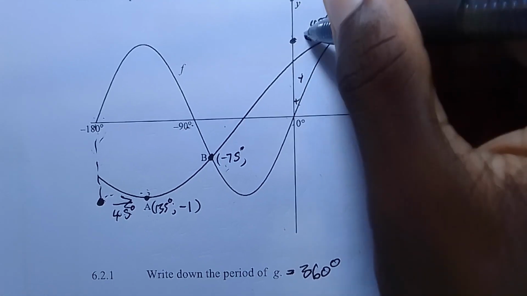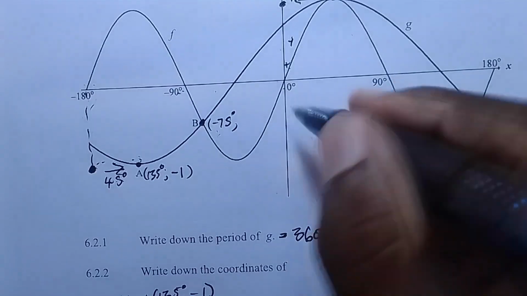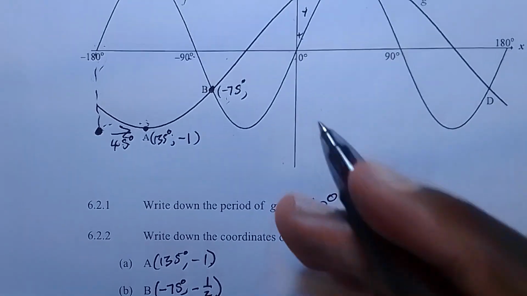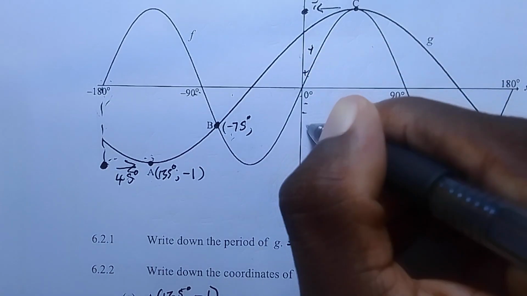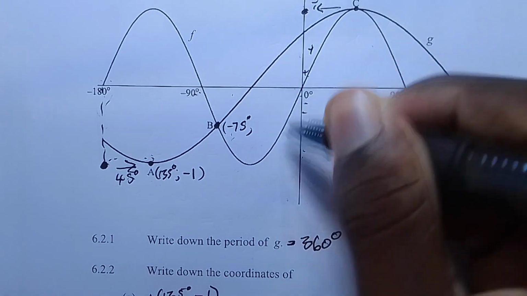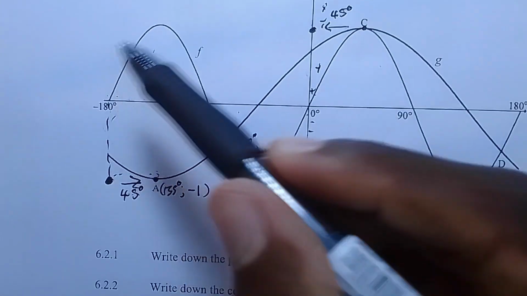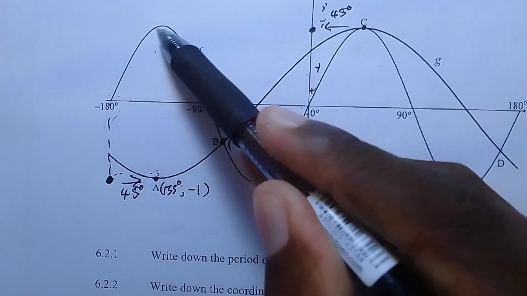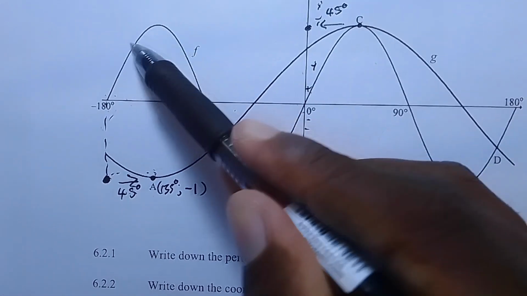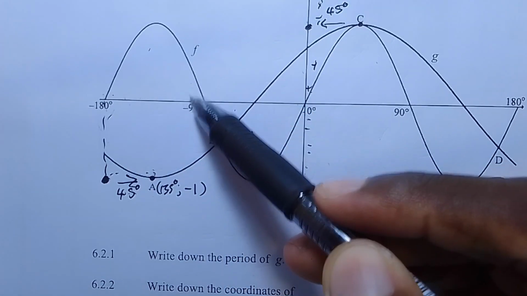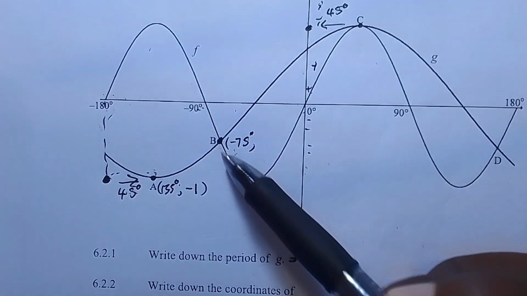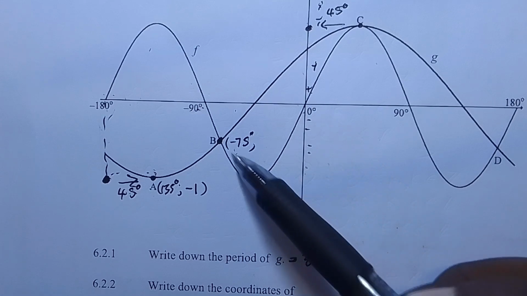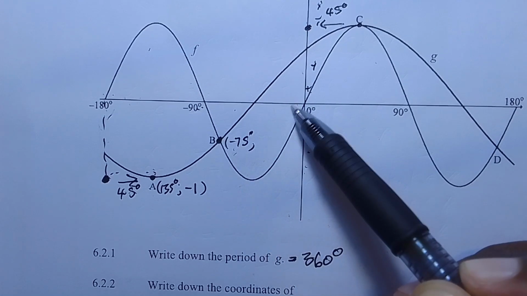These are all positive y values. If f of x is negative, that means f of x is below the x-axis. So here f of x is above the x-axis, therefore f of x is positive. But here f of x is below the x-axis, so f of x is negative, and so on.